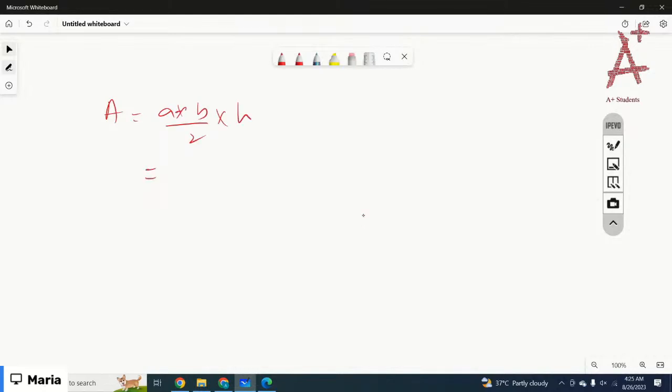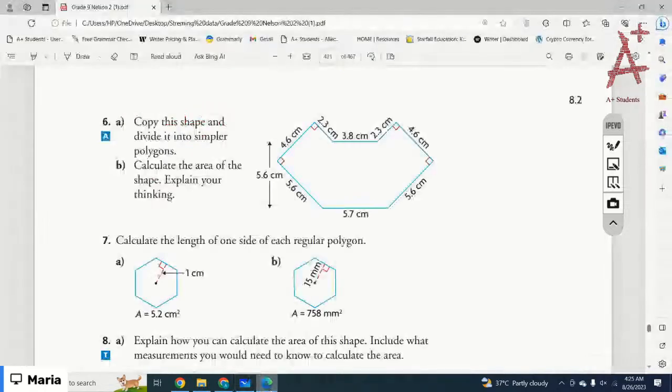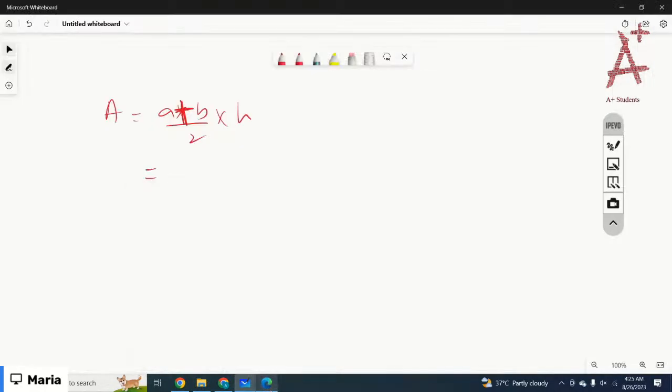So a plus b, not a times b. It would be 5.6 plus 2.3 over 2, and the height of the trapezoid is 4.6. Let's just calculate the value.